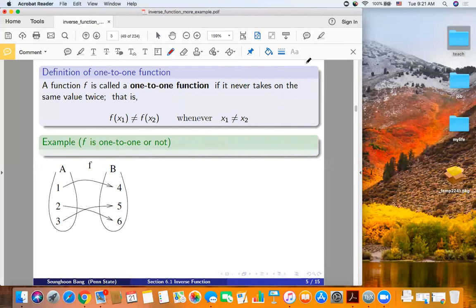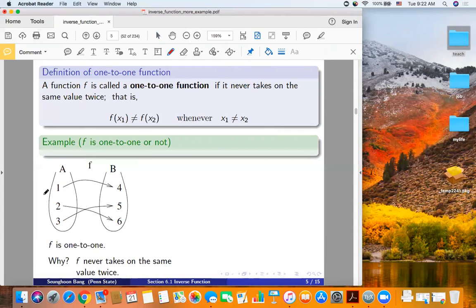Same answer? Yes? Okay, good. Yes, f is one-to-one because f never takes on the same value twice.